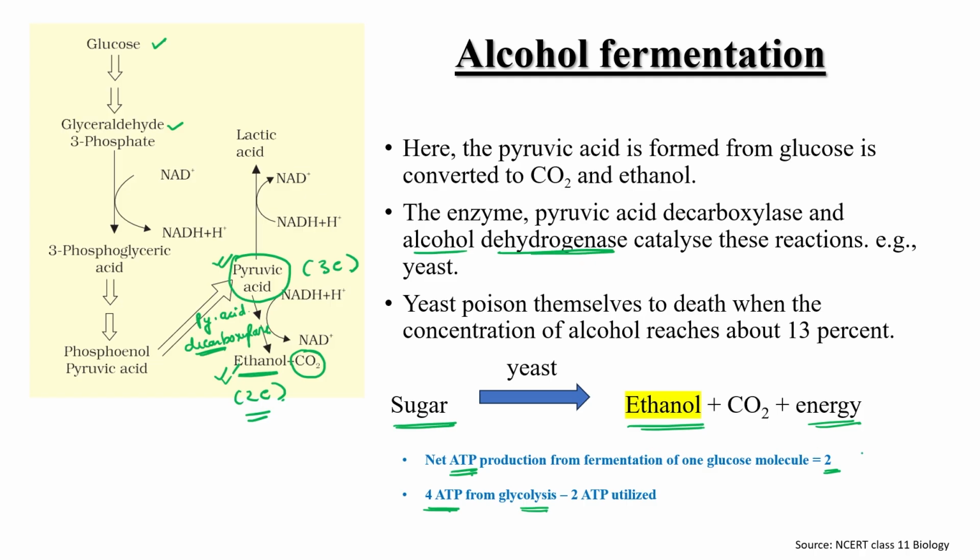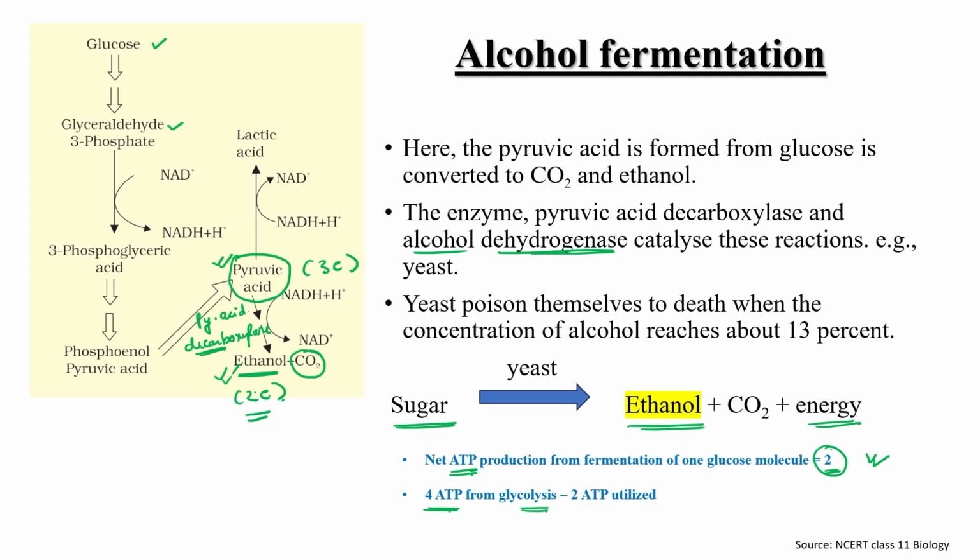So net gain 2 ATP. Clear? So in alcohol fermentation, conversion of pyruvic acid into ethanol occurs, carbon dioxide is released, and some energy is also generated.